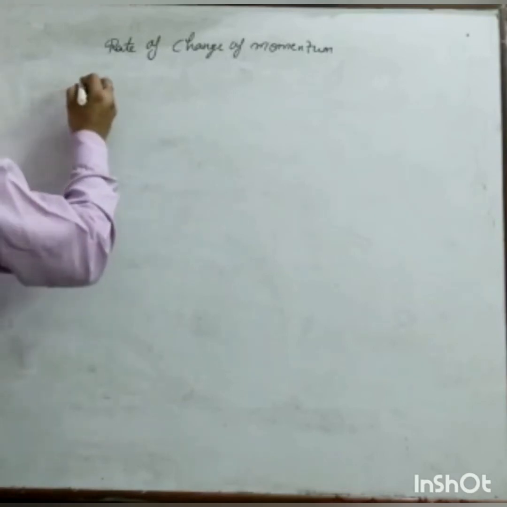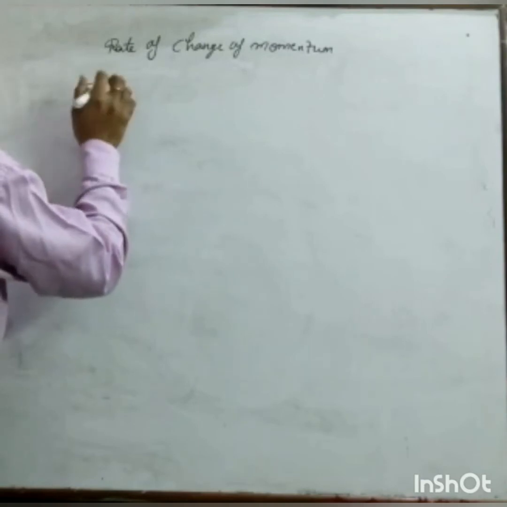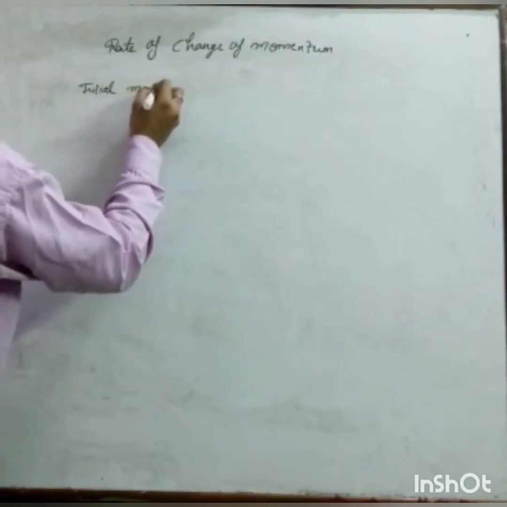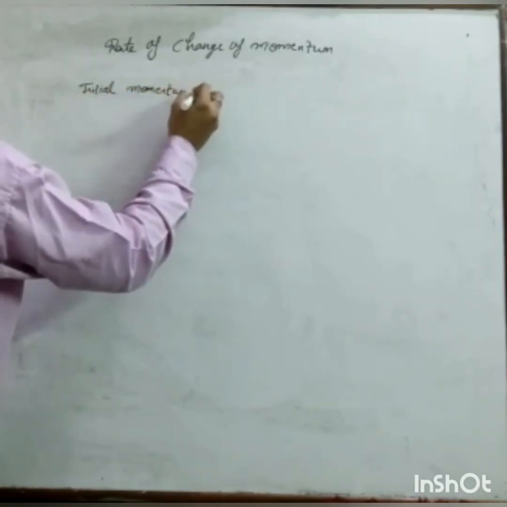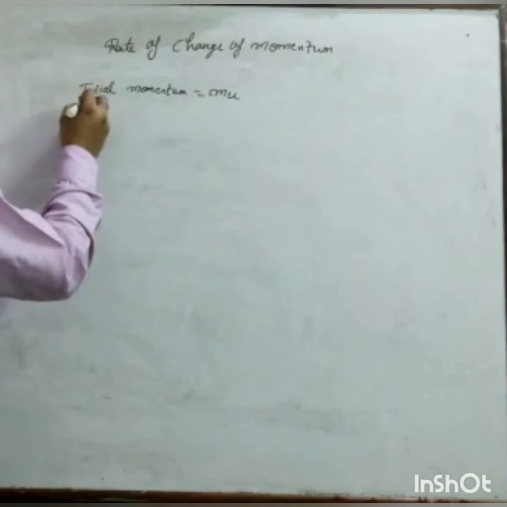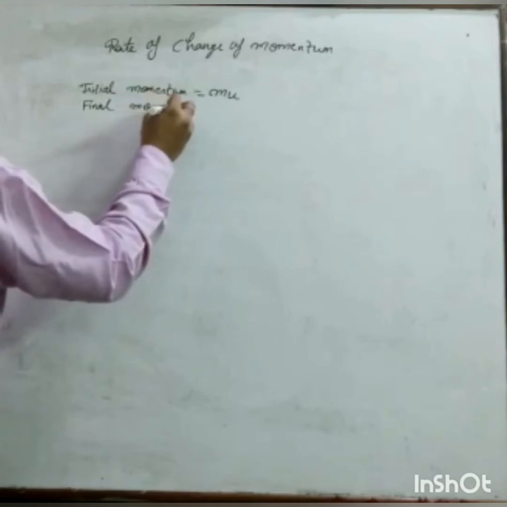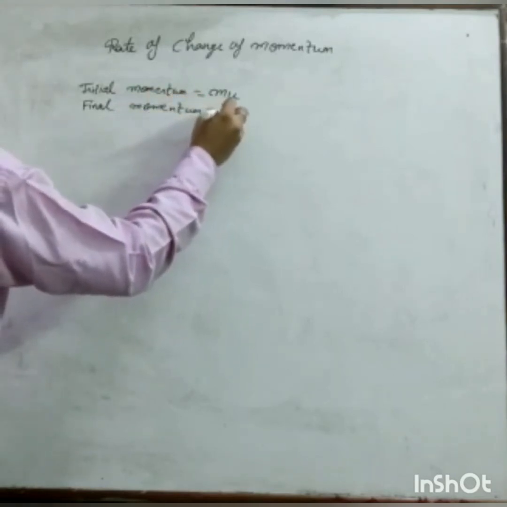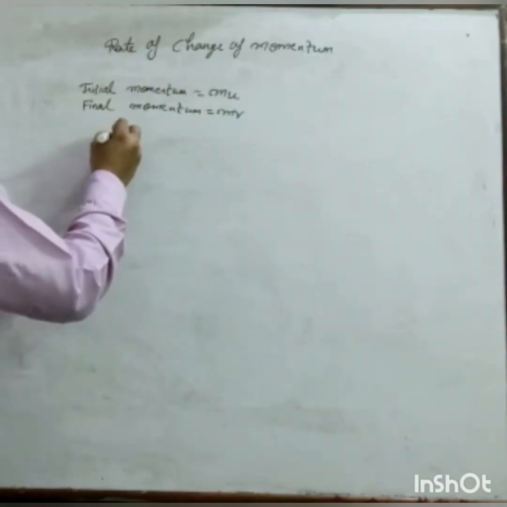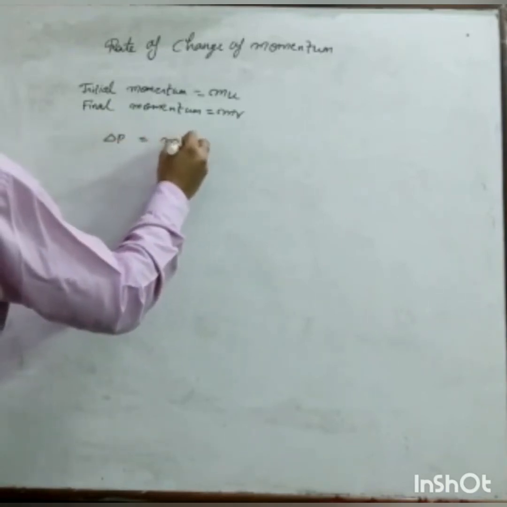So the initial momentum is equal to mu, and the final momentum is equal to mv. So the change in momentum is equal to mv minus mu.